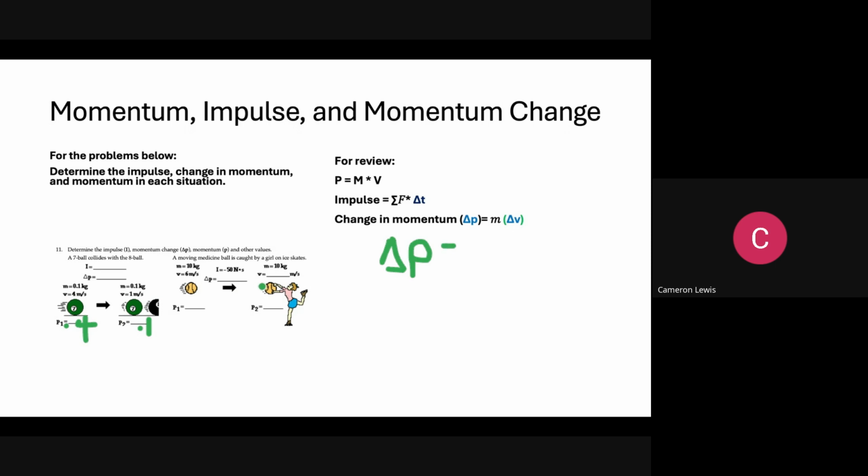We know the change in momentum is equal to mass times change of velocity. Did our mass change at all when we hit the object?